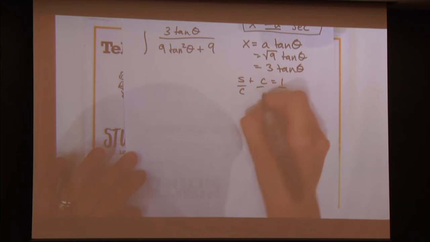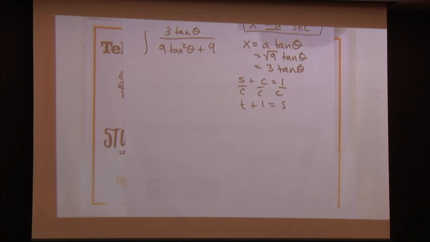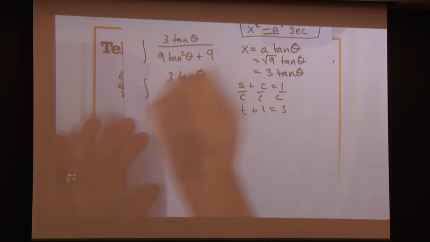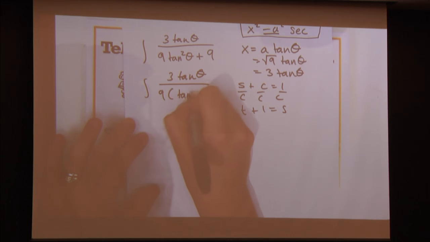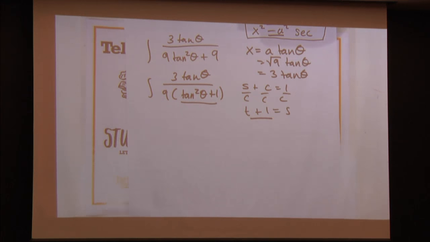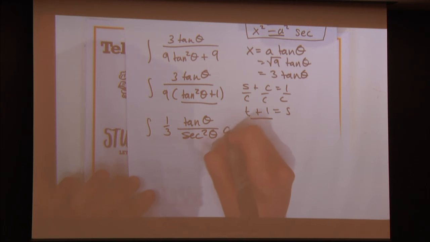If we want tangent, divide all by cosine squared. Tangent squared plus 1 is equal to secant squared. If I pull out a 9, 3 tangent theta over 9 times tangent squared theta plus 1. Therefore, it's a secant squared. 1/3 tangent theta over secant squared theta.